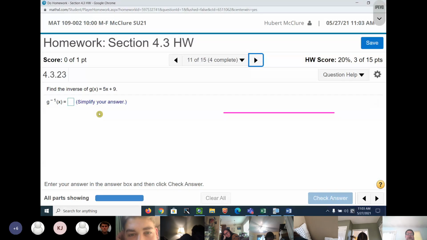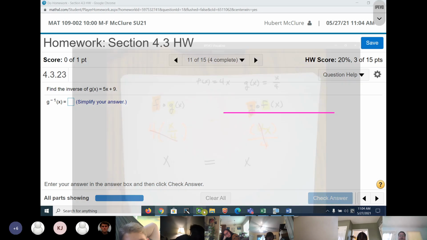Okay, here's another test question. Find the inverse of 5x plus 9. So g of x is equal to 5x plus 9. And they want you to find the inverse.